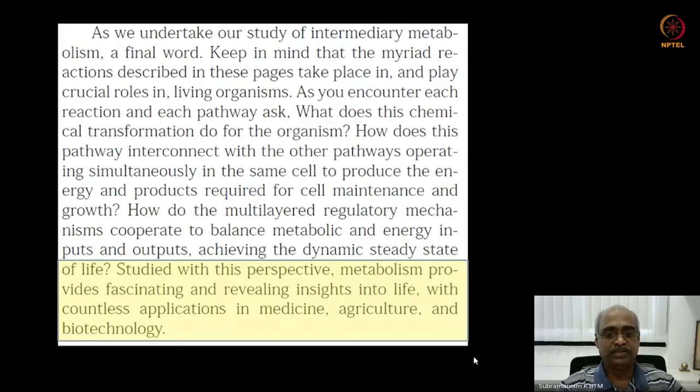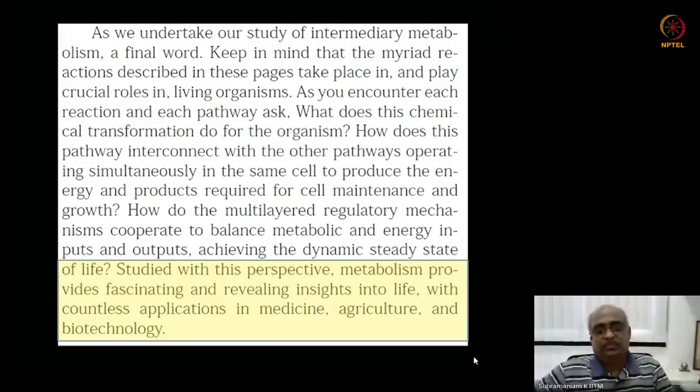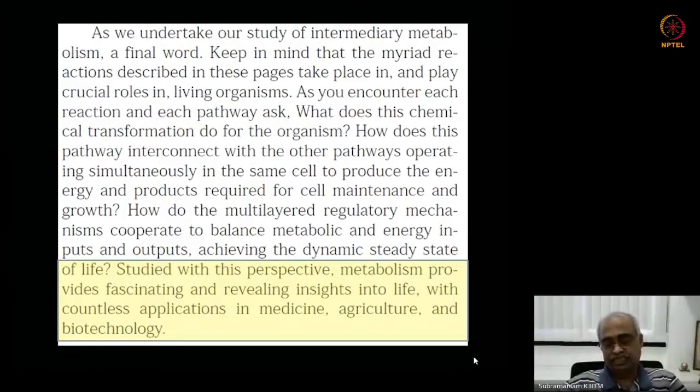And breakdown of the same molecule, I was telling you, does not involve exact reversal of the biosynthetic pathway. Multiple steps may be the same, but at least one step will be different. That will be energetically favorable in one direction, but not in the other direction. So that is where you have the reciprocal regulation.